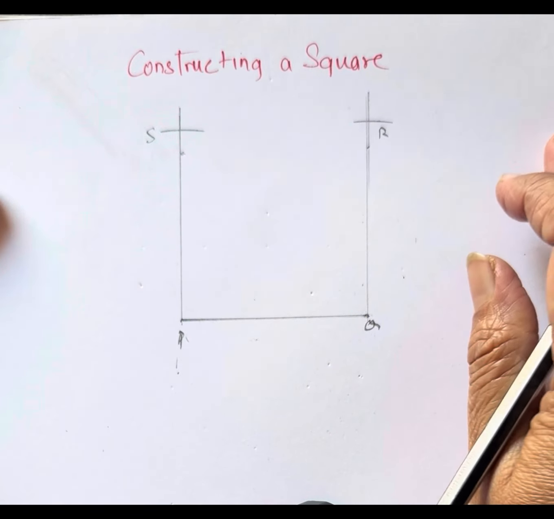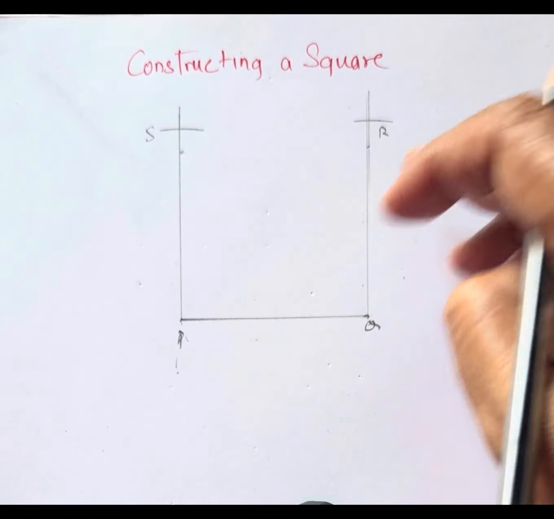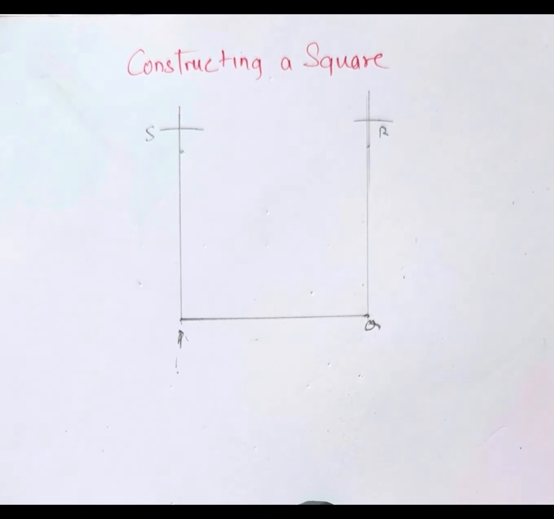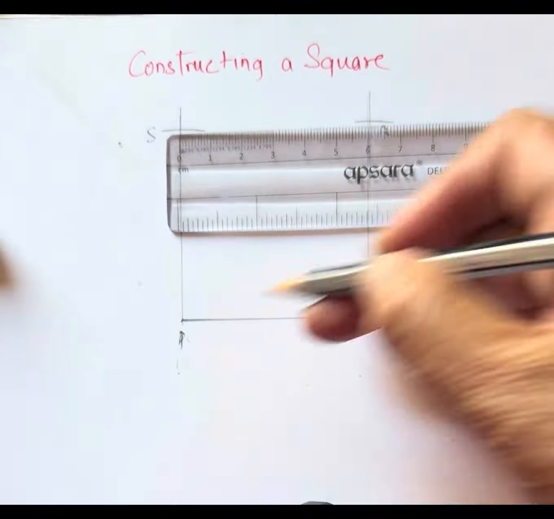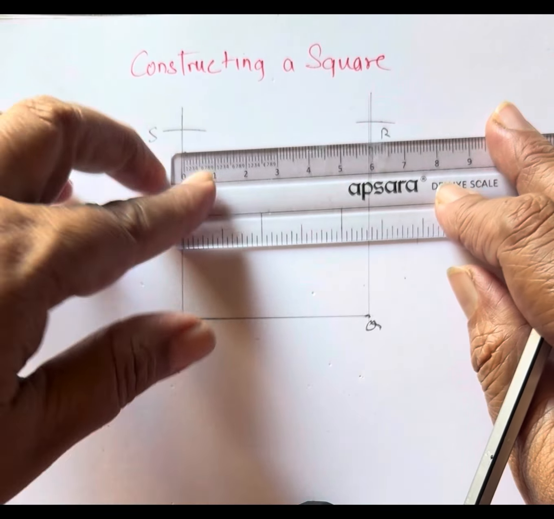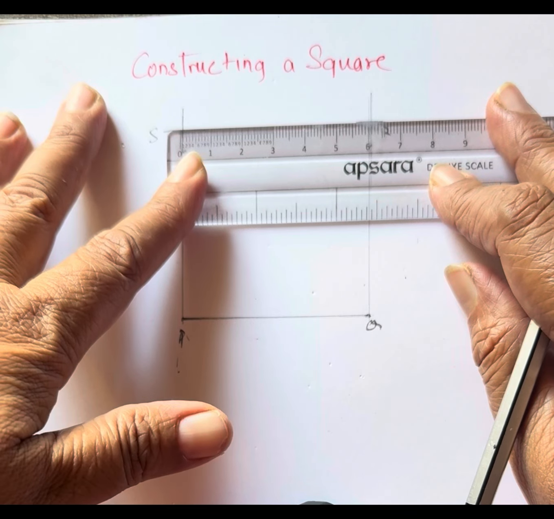Now if we join these 2 points, let us see what is the measure, because this we have taken 6 and both these sides are also 6. So automatically this will be 6. Just join the points.